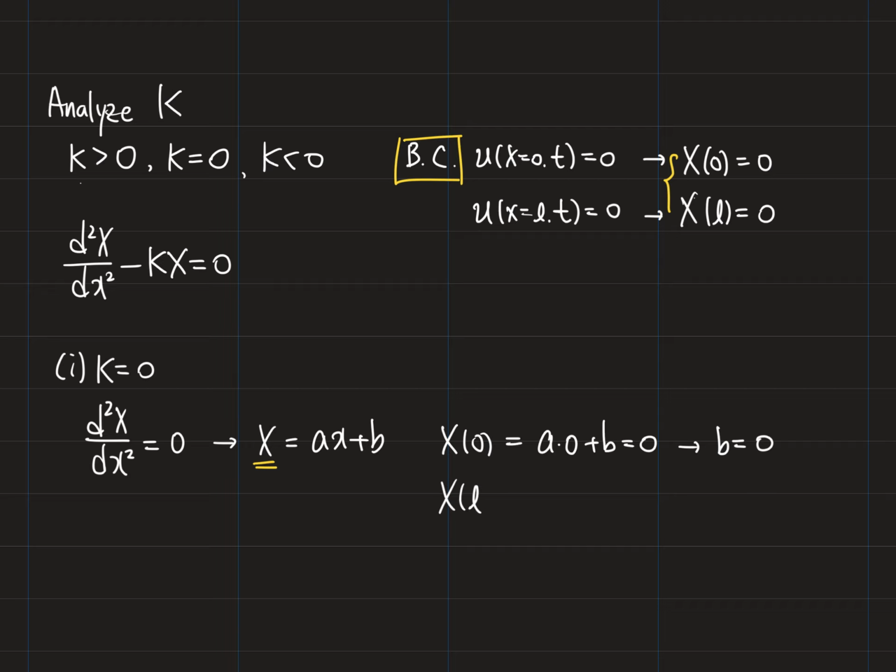And when small x equals L, the capital X also should be 0. AL should be 0. That means, L cannot be 0, right? L is the length of the string. That means the slope of the straight line should be 0. So both constants should be 0 for the separation constant 0. That means we have a solution X equals simply 0.